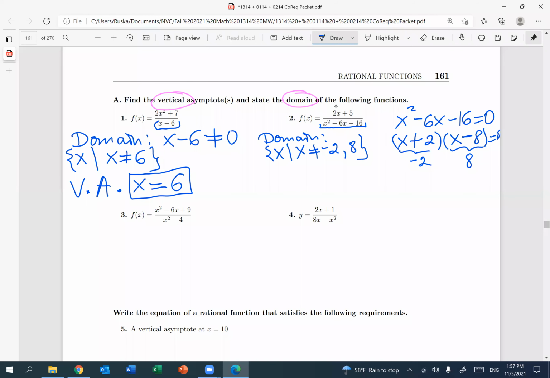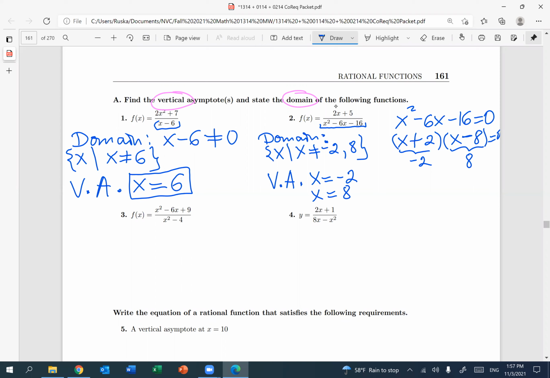So there are going to be 2 vertical asymptotes, right? Because you have 2 restrictions here. The graph is not going through negative 2, the graph is not going through 8. So the vertical asymptotes are x equals negative 2 and x equals 8. Got it?